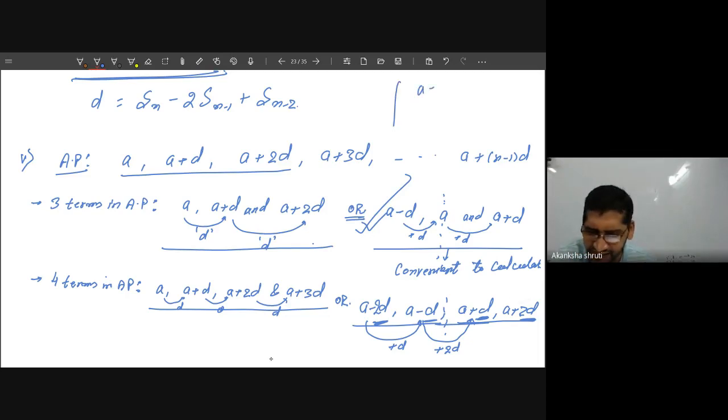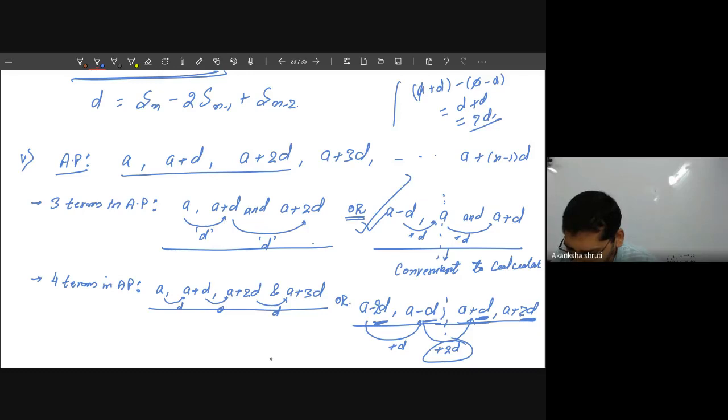What is the common difference for A plus D and A minus D? A plus D minus of A minus D. Taking this difference, the A will get cancelled, the sign changing gives D plus D, it is 2D.